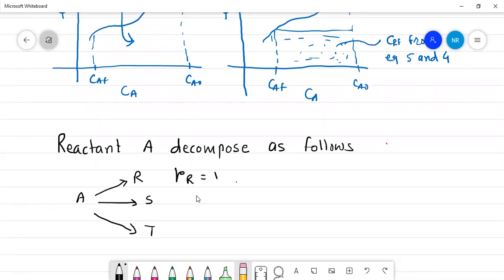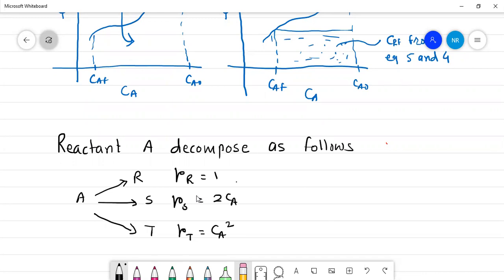This is given. rS is equal to 2CA. rT is equal to CA square. These things are given.